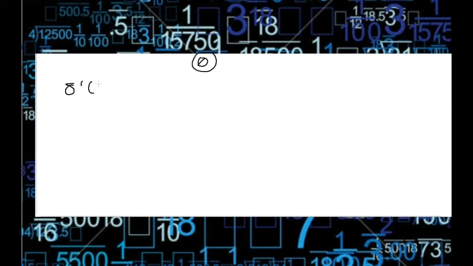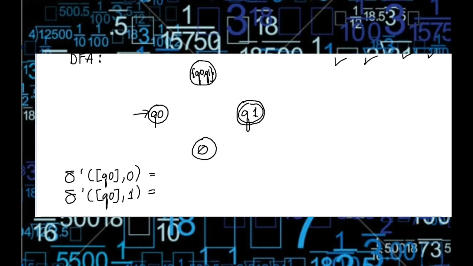Open parentheses. Our target is Q0. When we input 0, what state will it go to? Another one: delta prime from the initial state Q0, when you input 1, what are your target states? Okay? So, let's look at our original NFA to see where it goes.